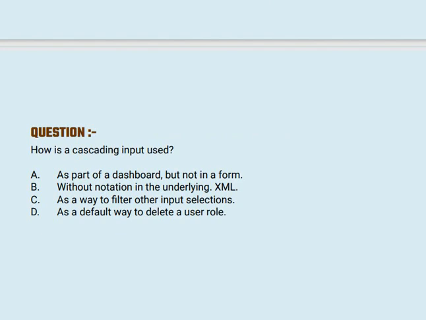Moving to next question. How is a cascading input used? Option A, as part of a dashboard but not in a form. Option B, without notation in the underlying XML.